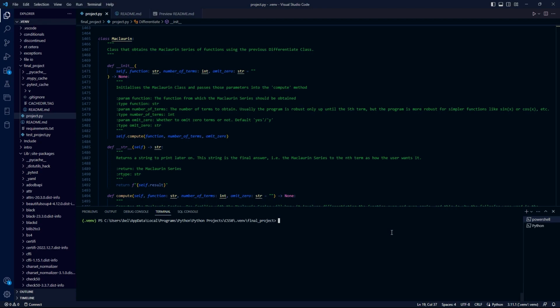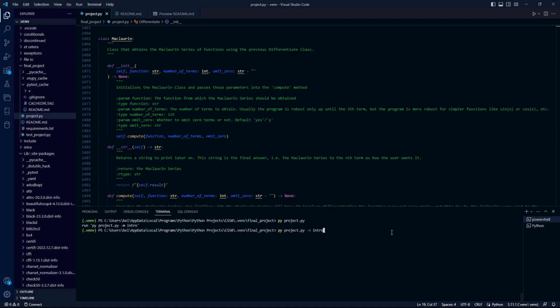So if we were to run this program normally using py project.py, we will be greeted with this message, which will tell us to run py project.py -m intro. And I created this to anticipate some beginners who may not be familiar with command line arguments.